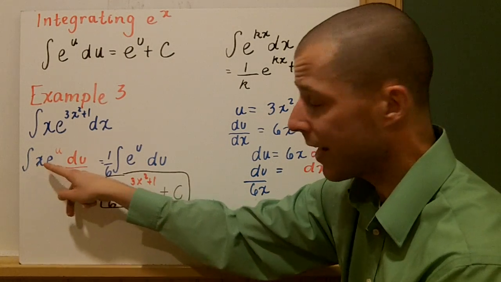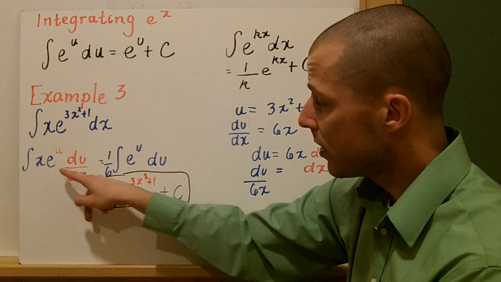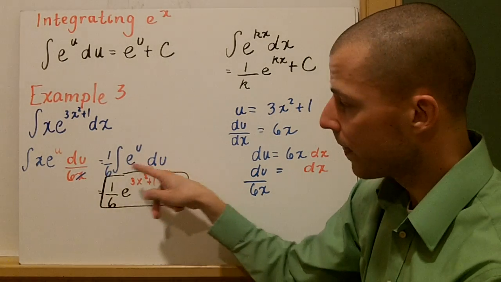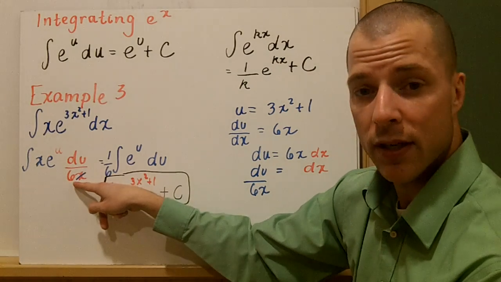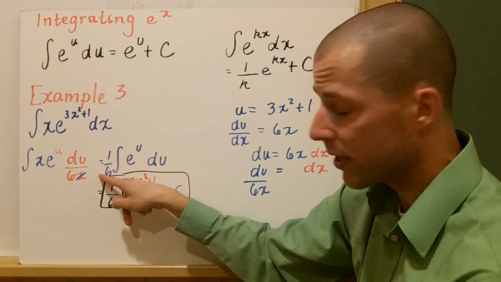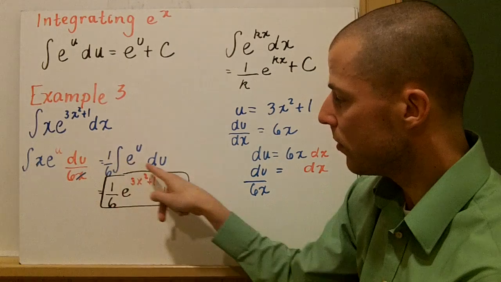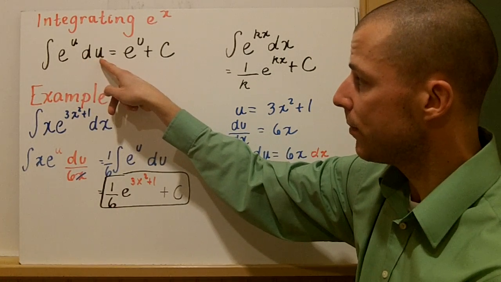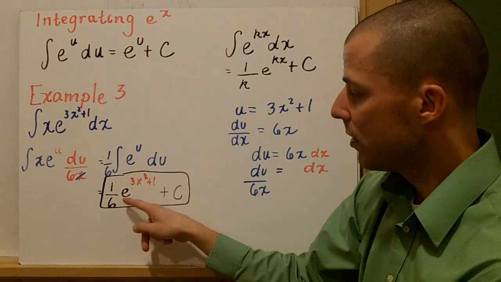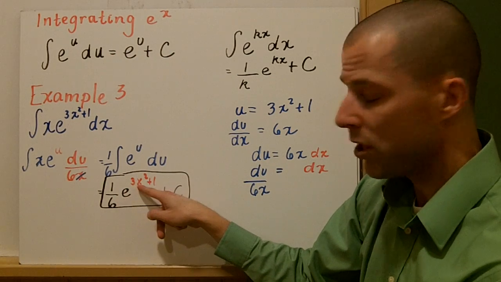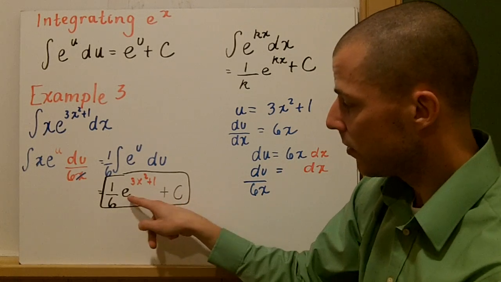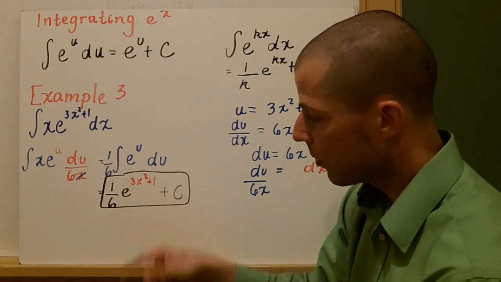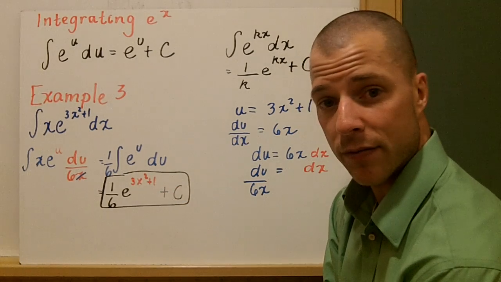Then I'm left with 1/6 e to the u du. So du over 6 is still 1/6, so I bring the 1/6 out, and I'm left with e to the u du. And we know that e to the u du is simply e to the u plus c. So 1/6 e to the u plus c. My u value is 3x squared plus 1, so I substitute 3x squared plus 1 back in for u.